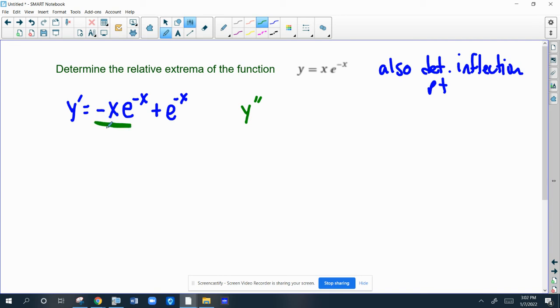So if you think of the negative factoring out, the derivative of this is going to be exactly this, but with a negative. So what I've underlined is going to be positive x e to the negative x minus e to the negative x, because it's the exact same thing as this, except with a negative in front of it that we can factor out.